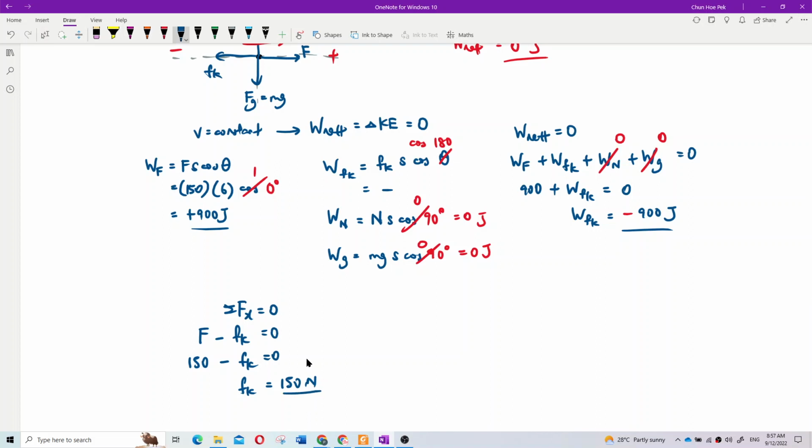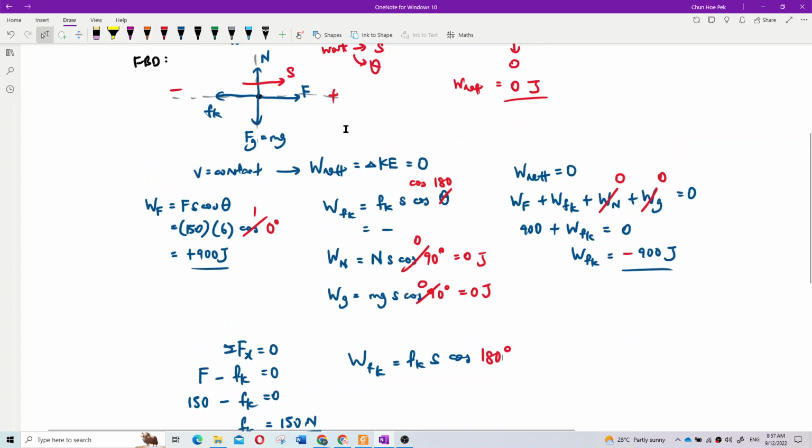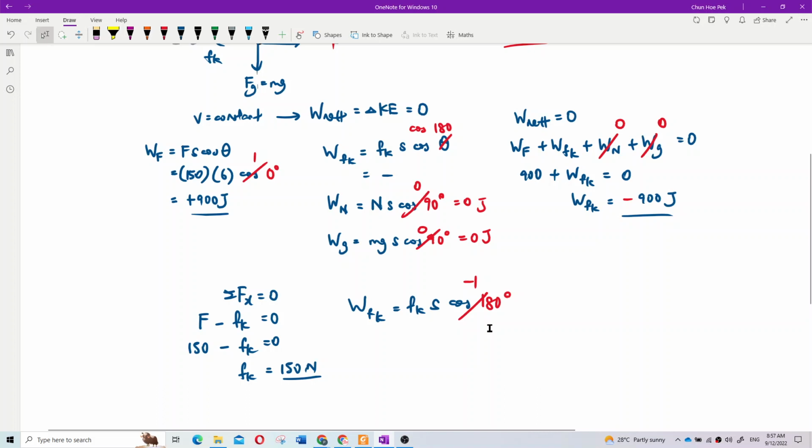Later we find work done by friction: friction times S times cosine 180, because friction and displacement are in opposite directions. Cos 180 is negative 1.